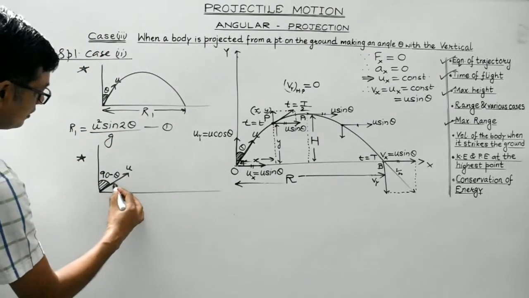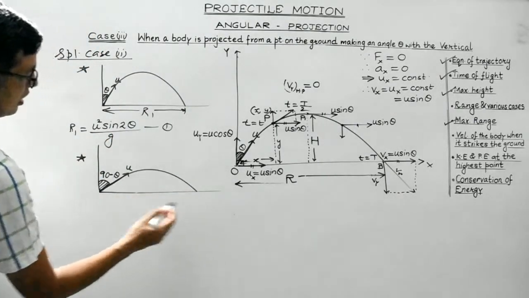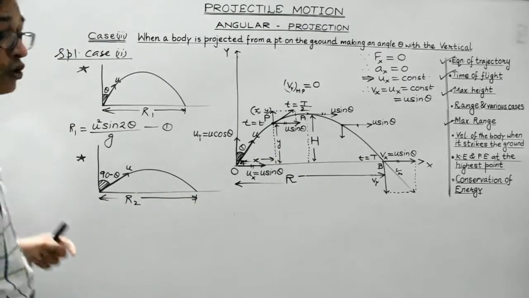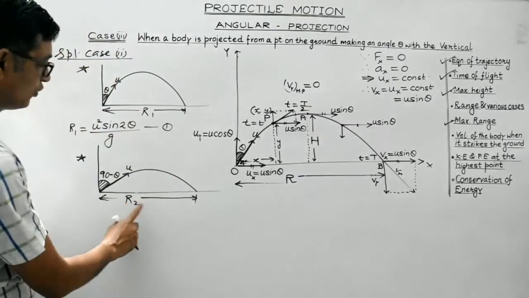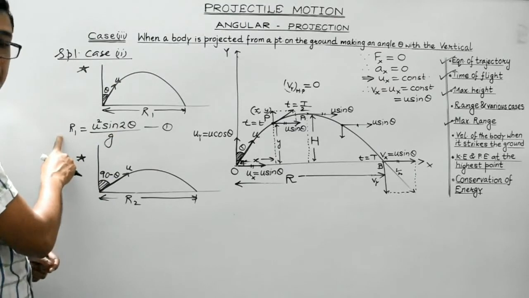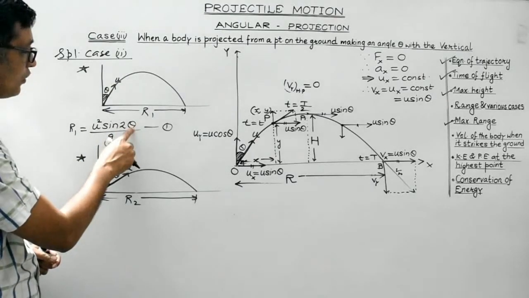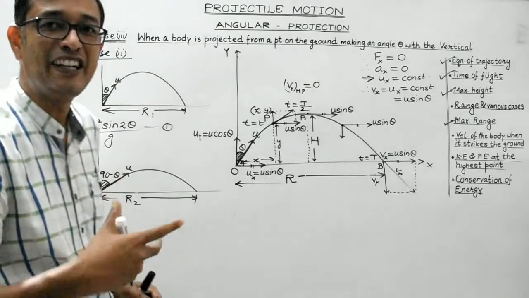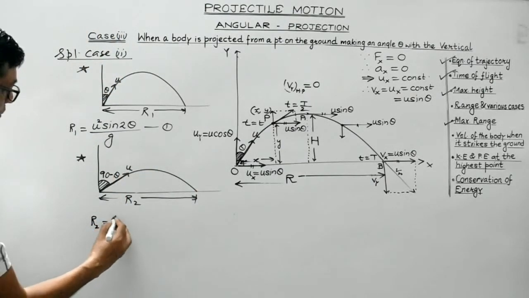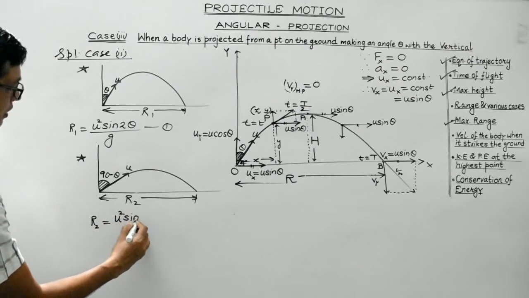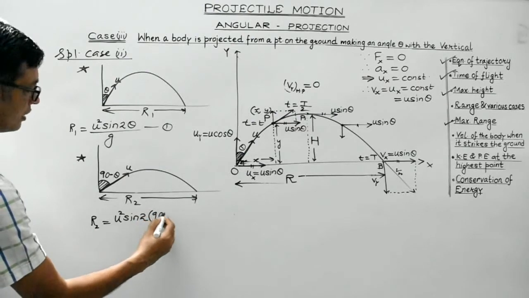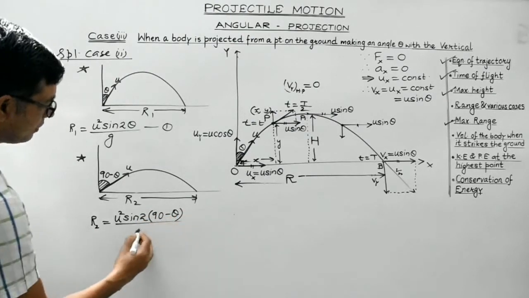Suppose in this case, the range is R2. Now, in order to find the expression for R2, we can make use of the same expression for R1. Simply what we need to do is, in place of theta, it is to be replaced by 90 minus theta. So let's do it. R2 would be equal to u square sine 2 theta, in place of theta we write 90 minus theta, divided by g.